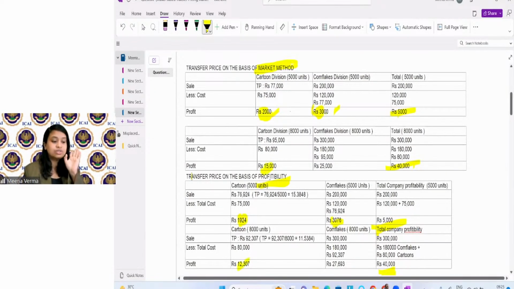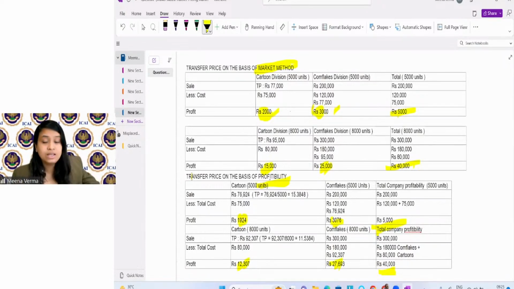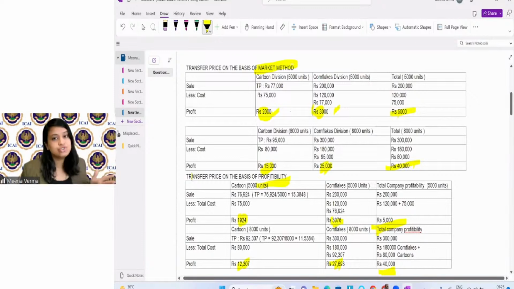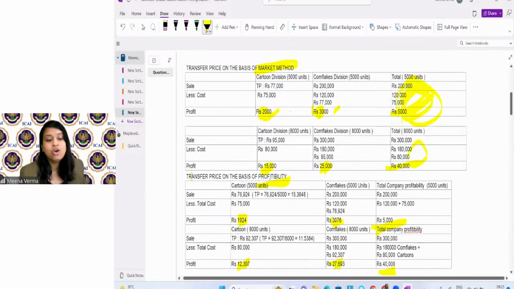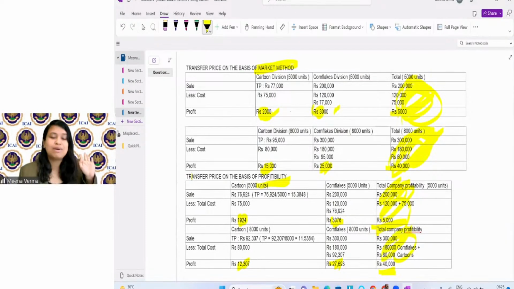Similarly, 15,000, 12,000 is coming here, 25,000 is coming here, 27,000 is coming. Point is that when you use different methods for transfer pricing, the profitability of each division may come different. But the overall profitability of the entire organization will not be impacted by the method of transfer pricing. Keep it in mind.